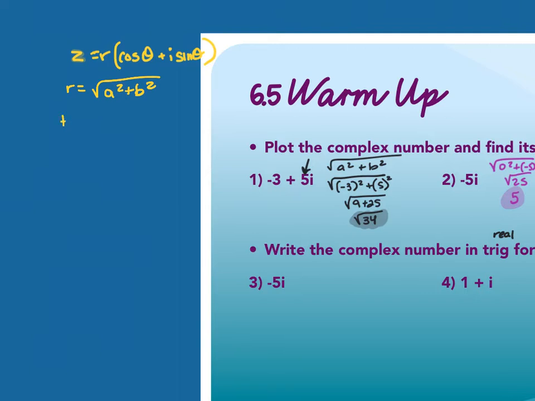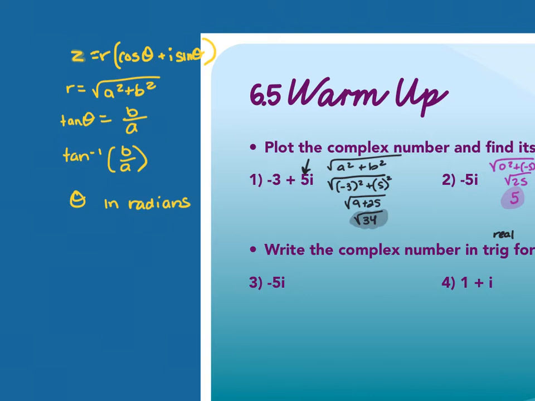And then we find the tangent of theta to be b over a, or opposite over adjacent. And then we say, what's the tangent inverse of b over a? And we're going to find theta in radians. So this goes back to the unit circle.